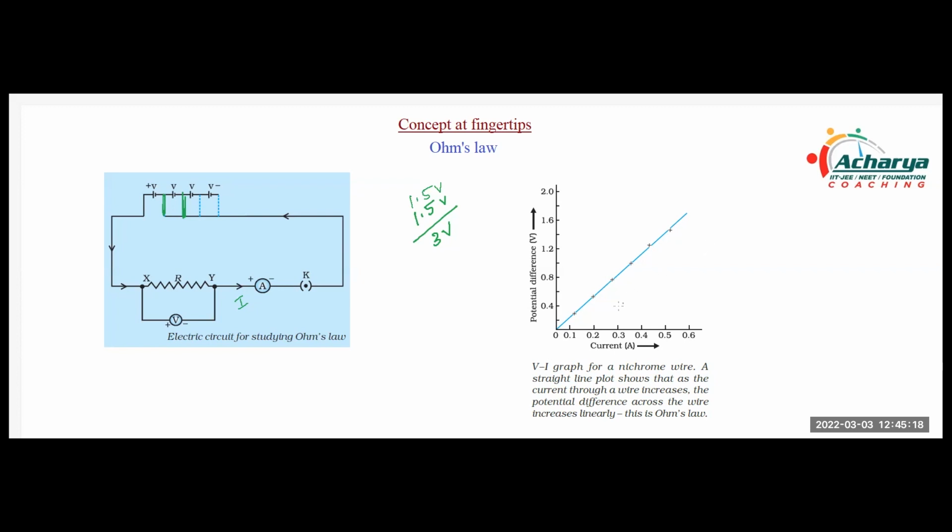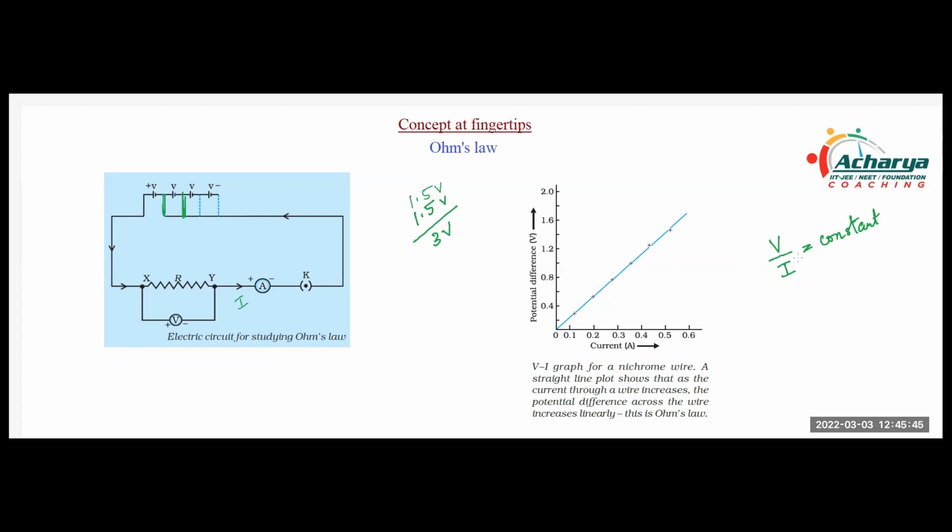What it means is that the ratio of V and I, that is the potential dropped and the current through the conductor, is a constant. There is a little bit of variation somewhere, but mostly when you see all these values, they are constant.